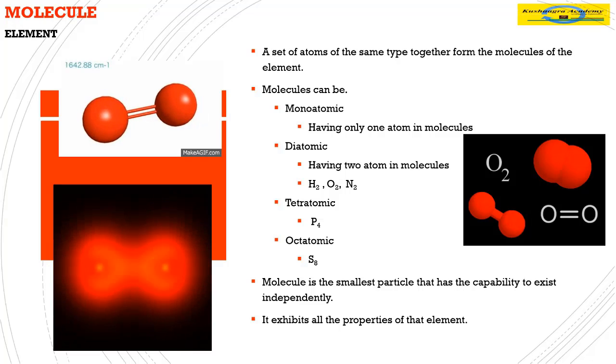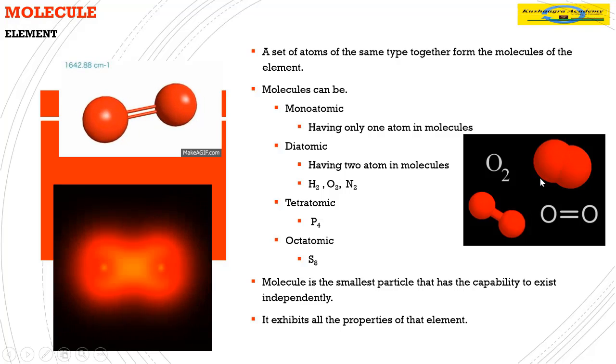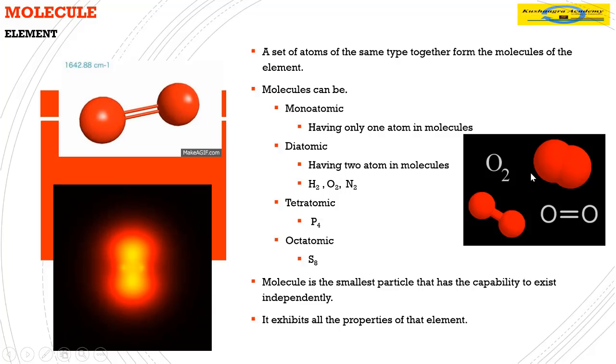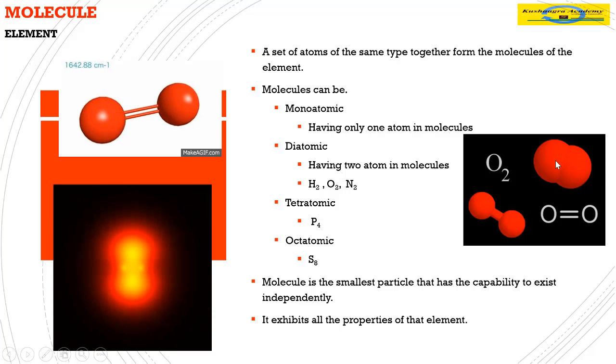But both molecules and atoms show all the properties of that element. That means if one atom of oxygen shows any property of the element oxygen, another atom of oxygen also shows the same property of that element.